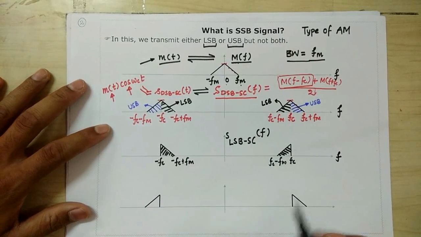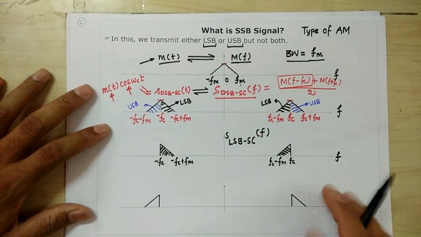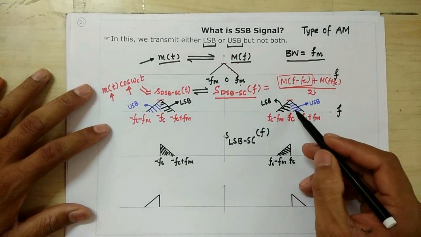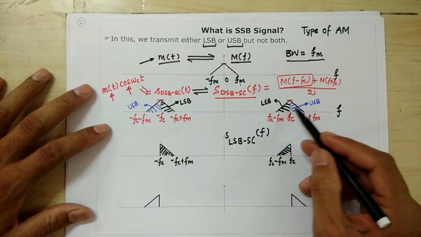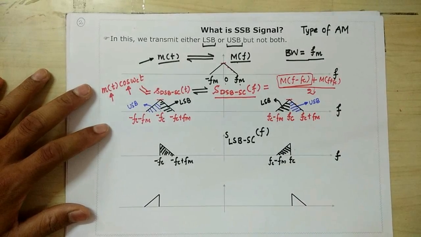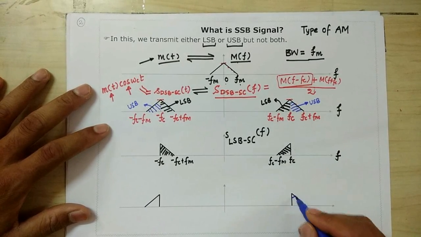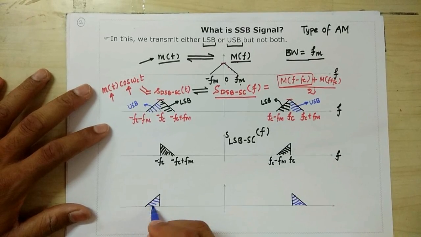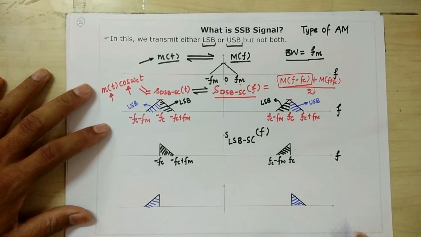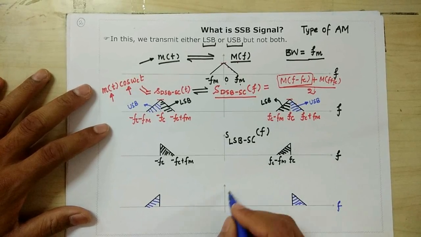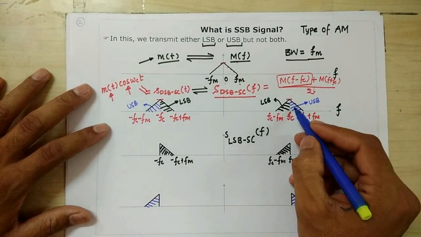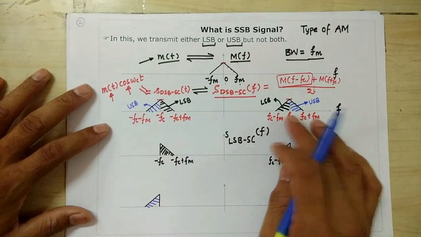On the other hand, if you want to transmit USB only, then we have to separate the USB from this spectrum. After extracting the USB, we can have this spectrum. This is basically USB, because we have taken out the USB from this DSB-SC.